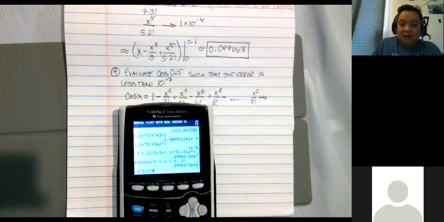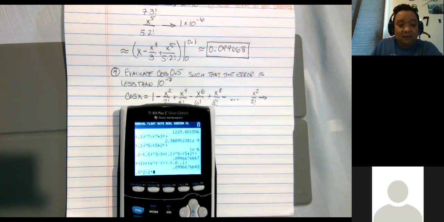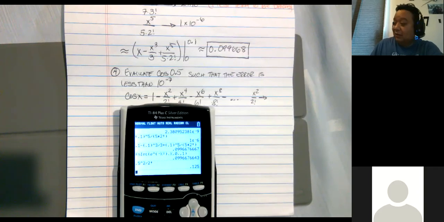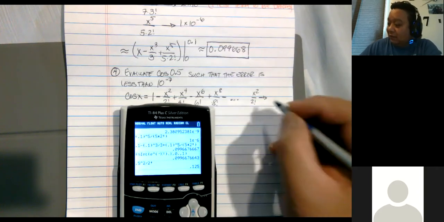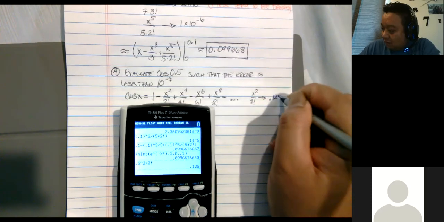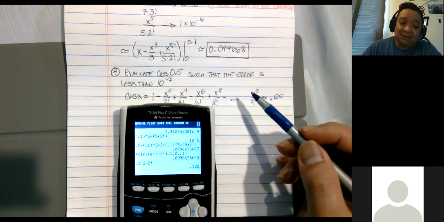Oh, eighth. Okay. So someone did it eighth. All right, so let's try it out. I'm trying the second degree one first, and when I do, you get 0.125, which is definitely not less than 10 to the minus 7.